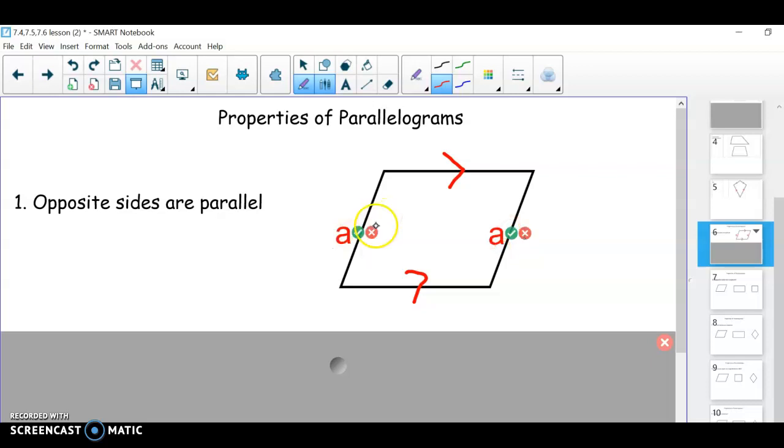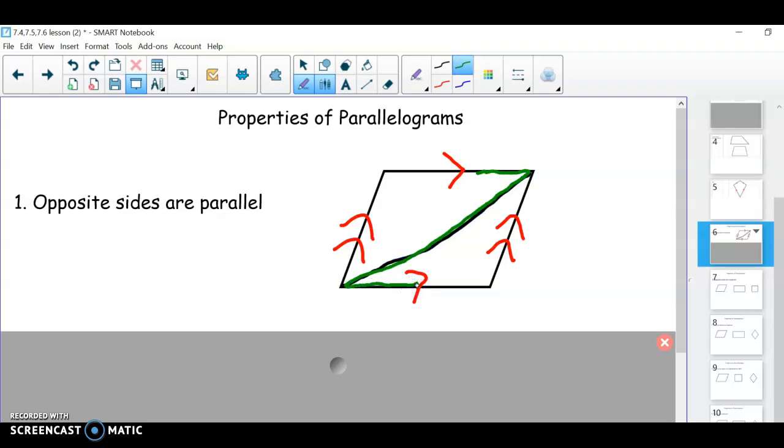All right, and when we see or hear the word parallel, this is an important word right here. What we should be thinking is our F's, Z's, and C's that we learned about a while ago. So when I draw in a diagonal of a parallelogram, sorry for the wobbliness, when the lines are parallel, then I can make my Z angles.